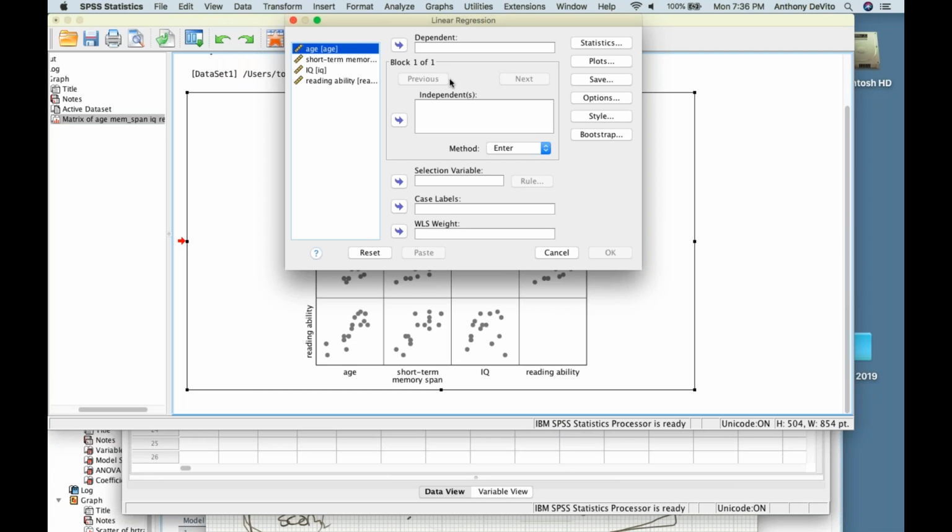Right, that's what we're trying to predict. Right, and IQ, short-term memory, and the child's age. Those are all things that might contribute to that. Now, reading ability is not going to affect the child's age. Obviously, won't go the other direction.